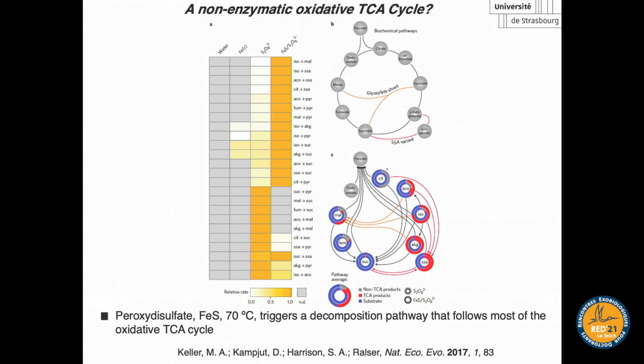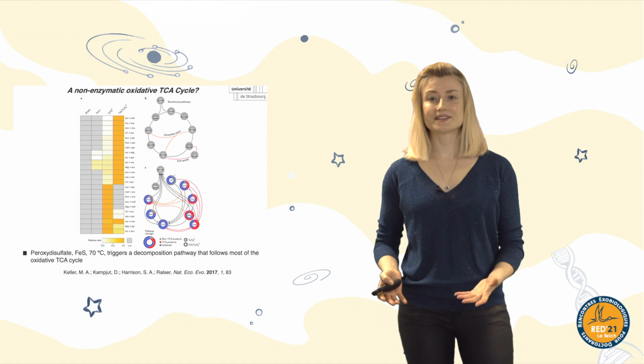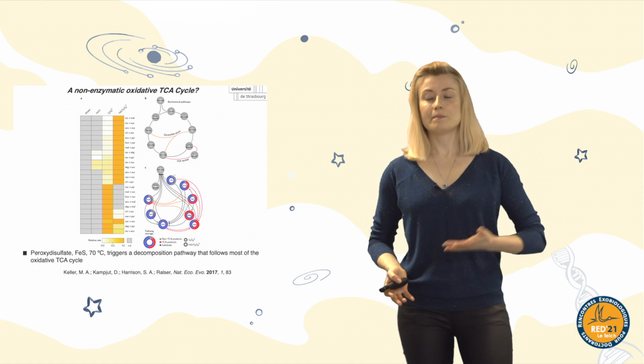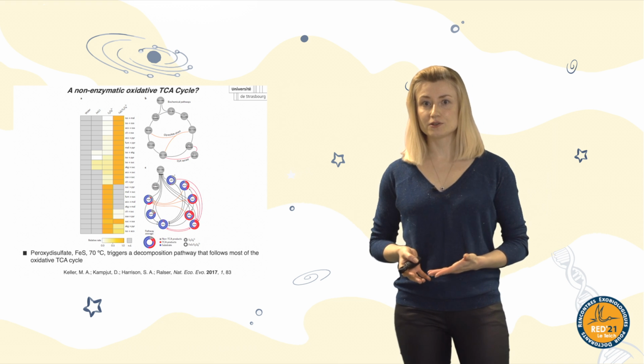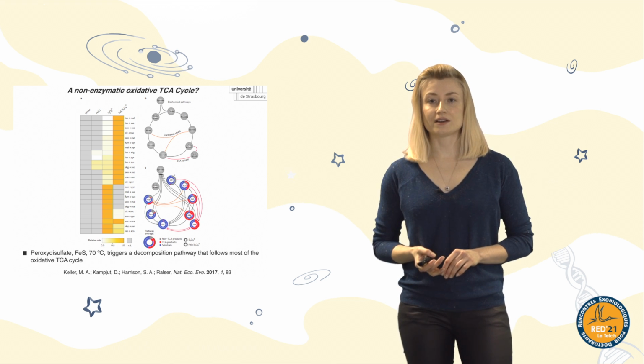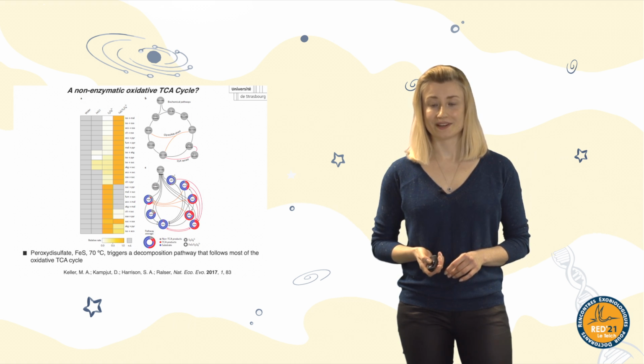So you've got iron and you've got water at 70 degrees. These conditions look familiar because they are exactly the same conditions except for the peroxydisulfate. But iron catalysis and water at 70 degrees, this is exactly what we used for the pyruvate and glyoxylate network. So this actually made us happy when we saw that.